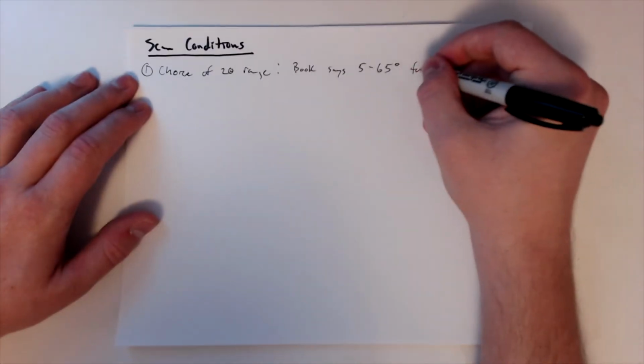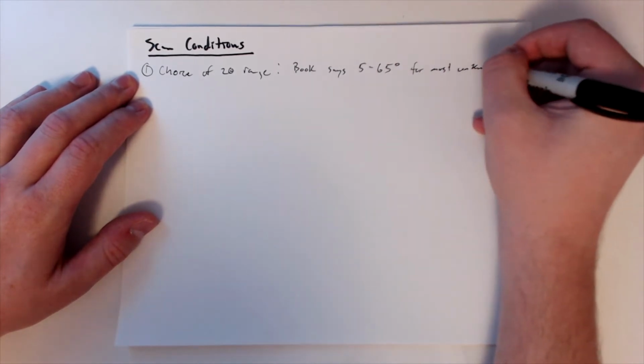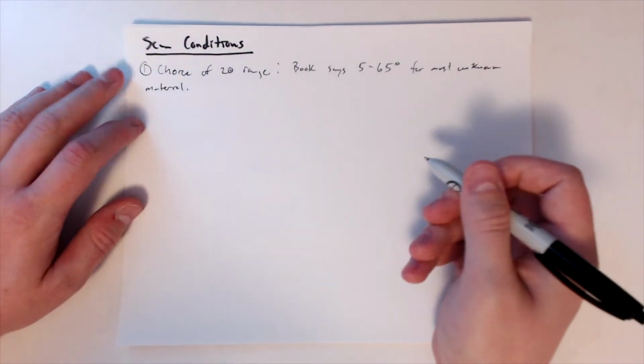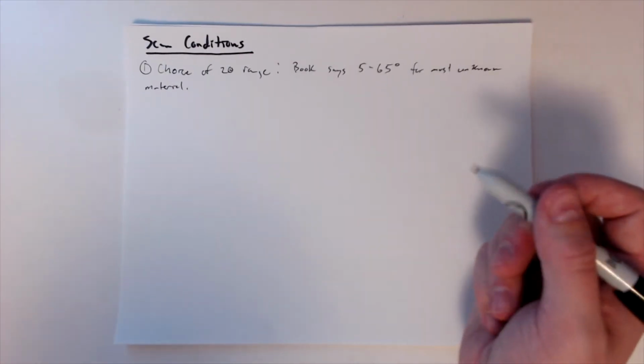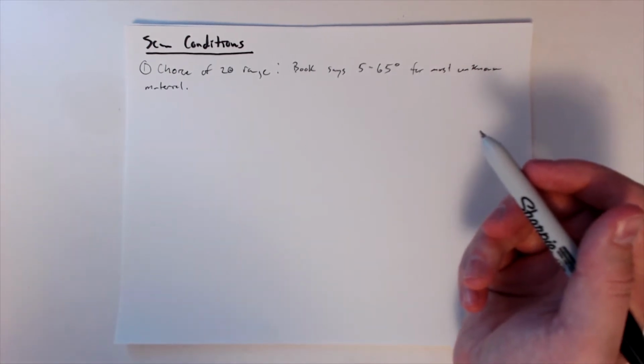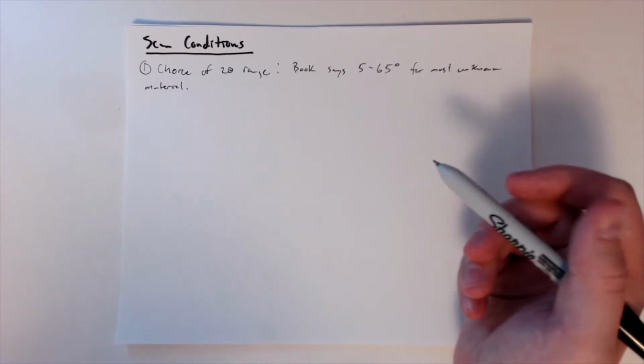And this is for most unknown materials. So the idea here is that if you don't know what your material is, you need to scan a relatively wide range of 2 thetas so that you can get as much information as possible.